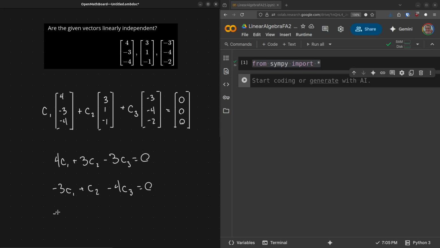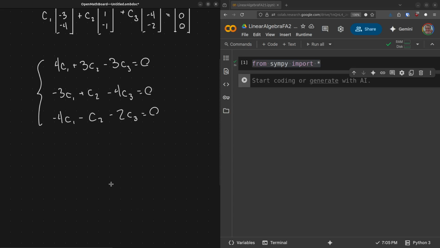And last row, negative 4C1 minus C2 minus 2C3 equals 0. Okay, so to solve this, I'm going to get the matrix. The coefficient matrix is 4, 3, negative 3, negative 3, 1, negative 4, negative 4, negative 1, negative 2. And the augmented part on the other side of the equal sign is 0, 0, 0.